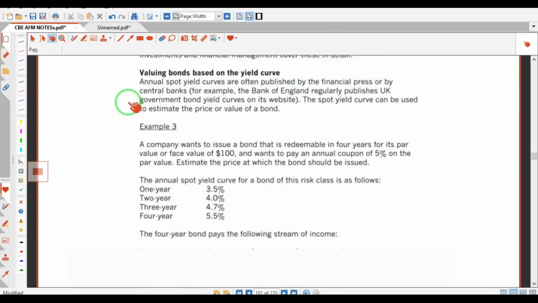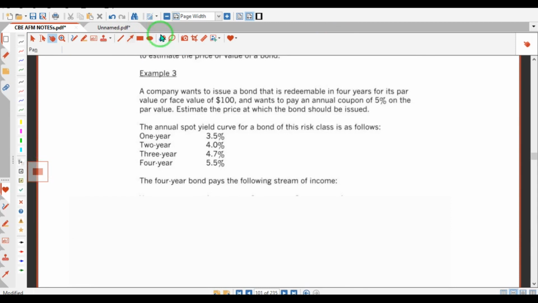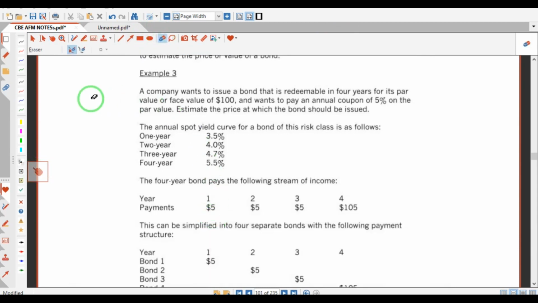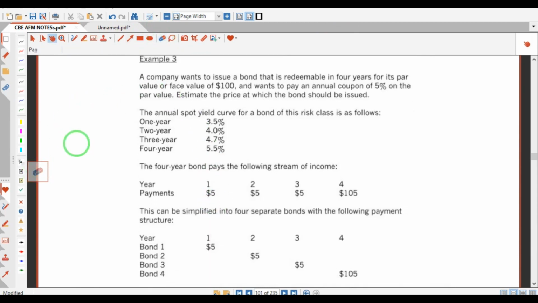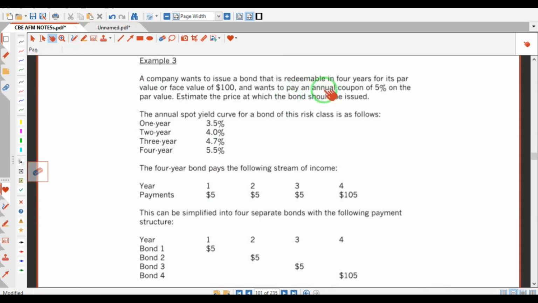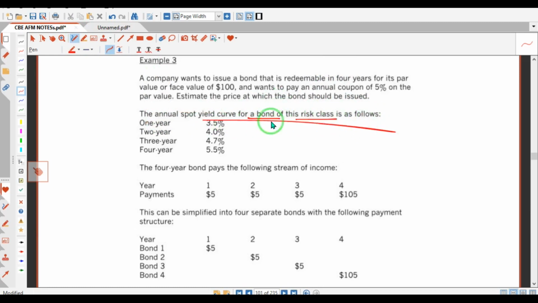But the only difference in example 3 is that you are given the annual spot yield for a bond of this risk class. This is actually given in this example.